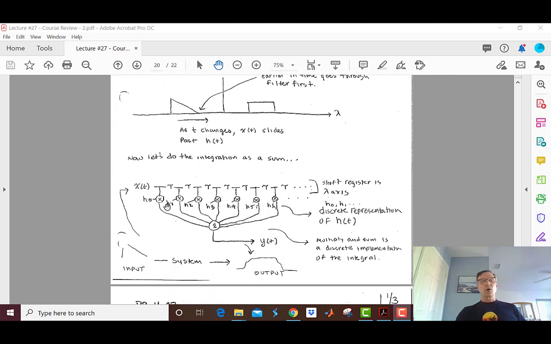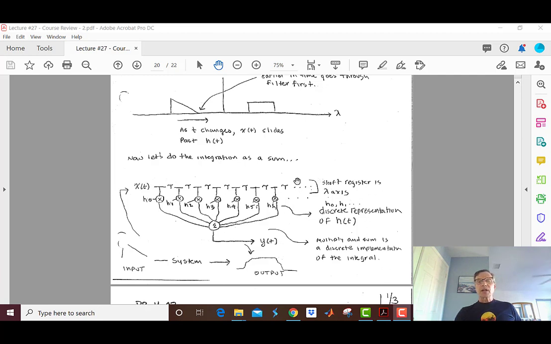And now we are multiplying that impulse response by what we see in our shift register here, or our bucket brigade. And at each point, like we freeze our triangle at one point here, the integration is just adding all this stuff up, just like a Riemann sum.